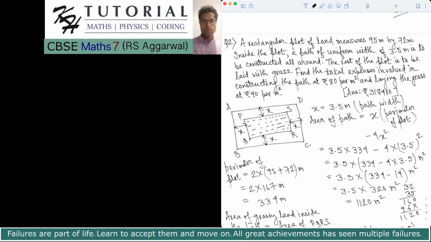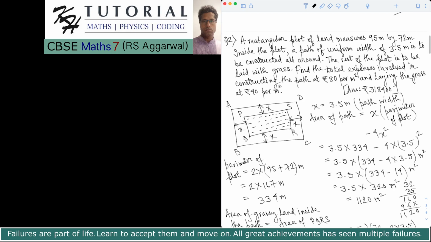What is the perimeter of the plot? Perimeter of the plot is 2 into (95 plus 72). 95 plus 72 is 167. 167 multiplied by 2 is 334. So the area of the path becomes 3.5 multiplied by 334 minus 4 into 3.5 square.